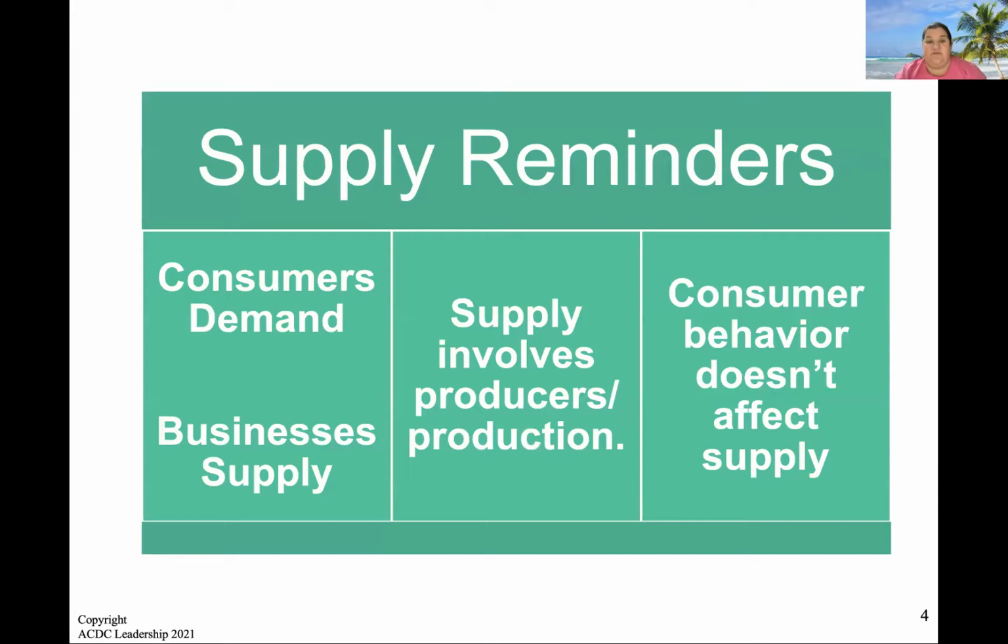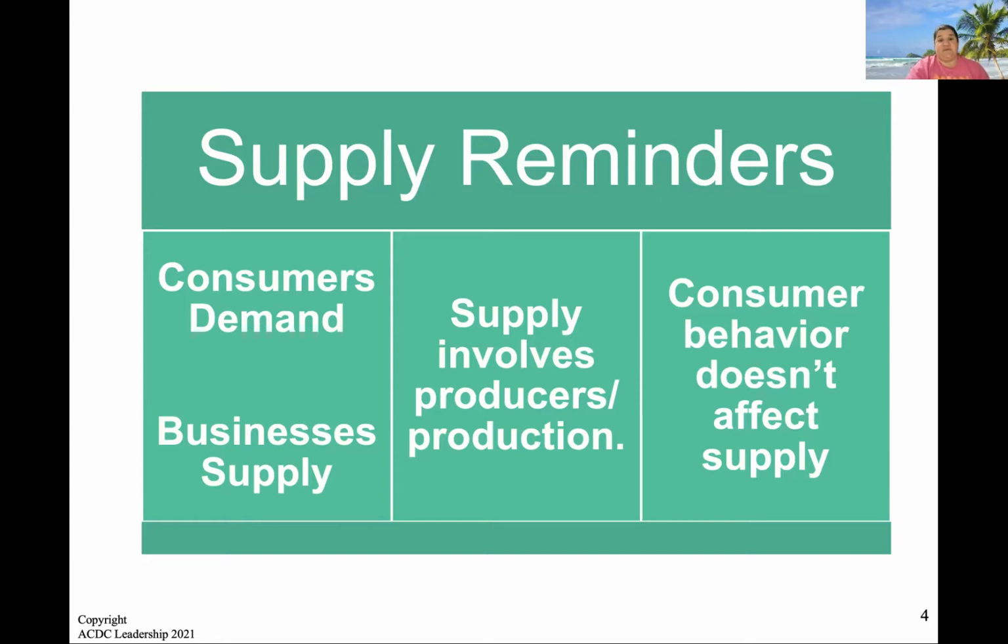So a couple of reminders before we jump into supply. Consumers are associated with demand and the demand curve and everything that goes with demand. Buyers and consumers shape the demand side of the equation, and businesses and producers shape the supply side of the equation.